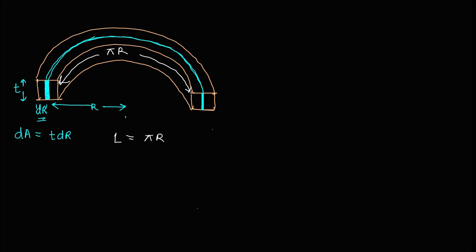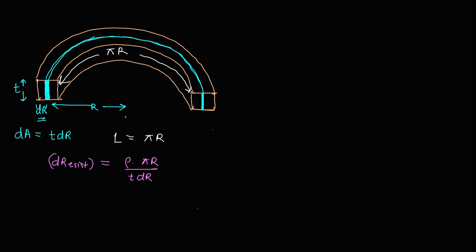So if I write the value of small resistance dR, we get it as equal to rho L upon A, that is rho pi r upon T dr. And the potential difference that is applied is equal to V naught.